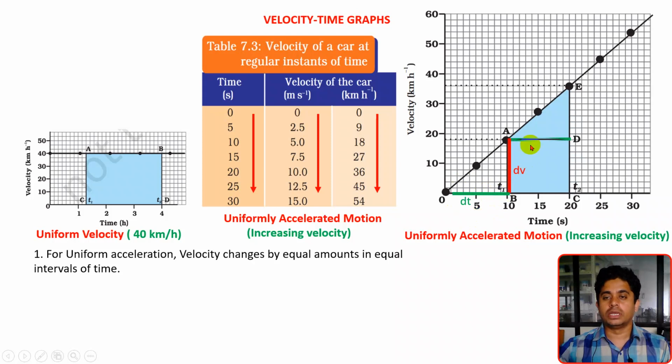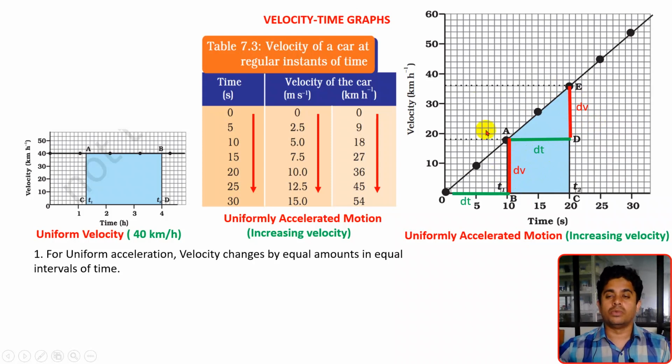Now again for the second time interval dt, which is the same, 10 seconds only. Here it is 20, here it is 10, 20 minus 10 is 10. So for the next time interval of 10 seconds, if you observe the change in velocity ED, it is the same. If I calculate the height of this line and the height of this line, both the heights are the same.